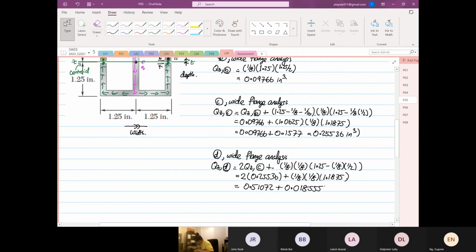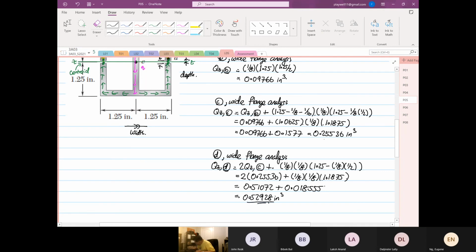So this will be equal to 0.51072 plus 0.018555. So it's equal to 0.052928.